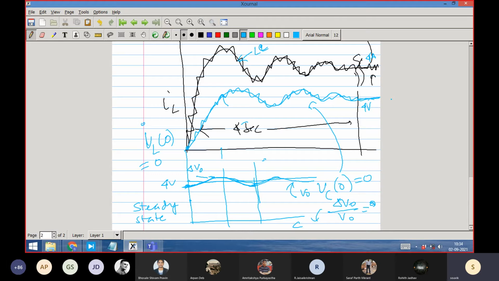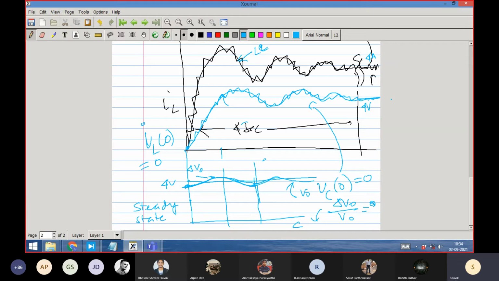Because it is an LC circuit, though reasonably well damped, there could be an oscillation, and then it reaches the steady state after a relatively long time.